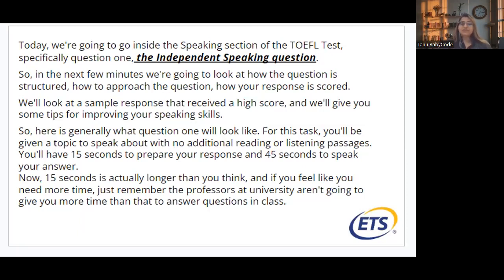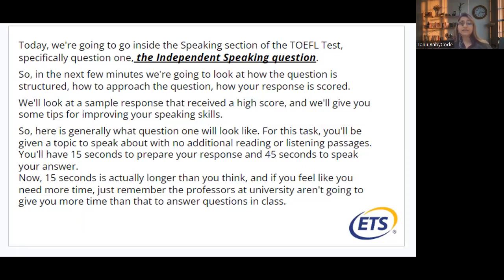Now, generally what will question 1 look like? For this task, you will be given a topic to speak with no additional reading or listening passages, right? You have only 15 seconds to prepare your response and 45 seconds to speak. Now, 15 seconds is actually longer than you think.